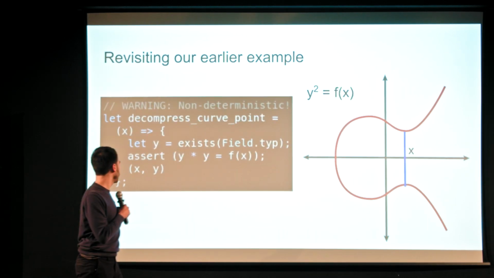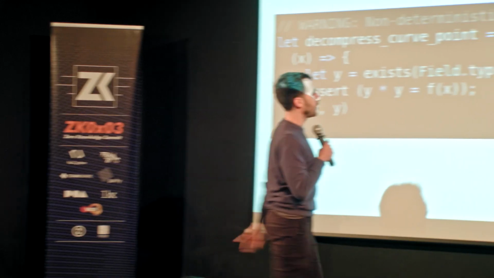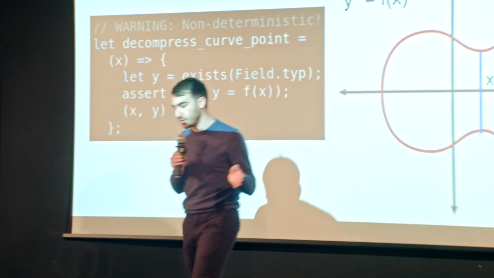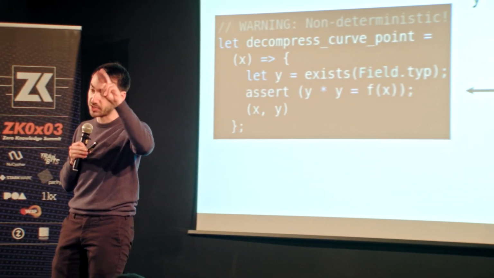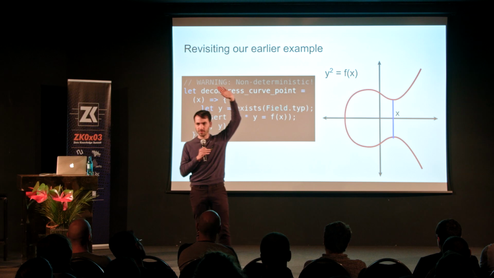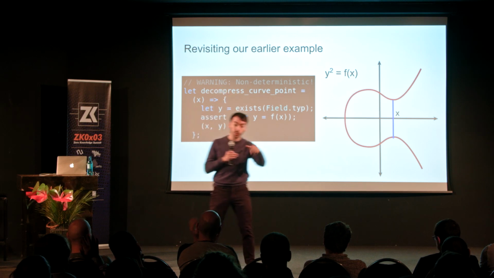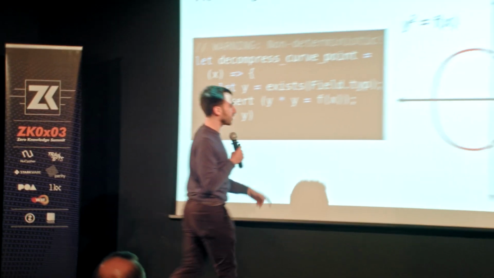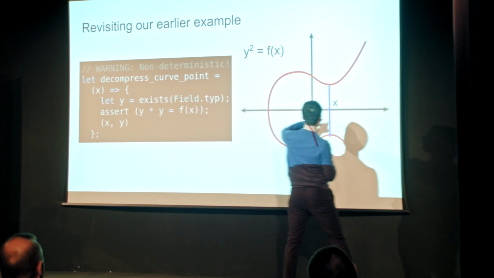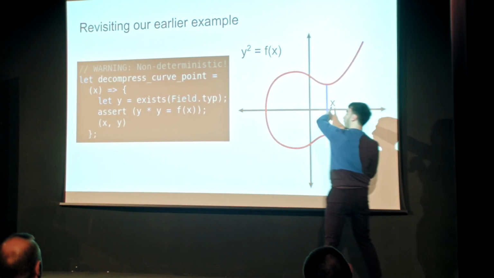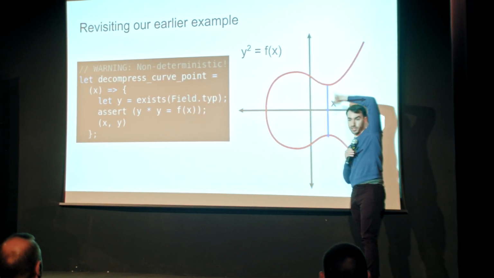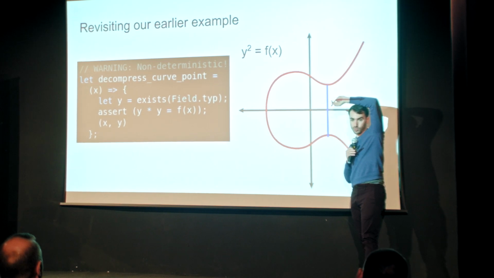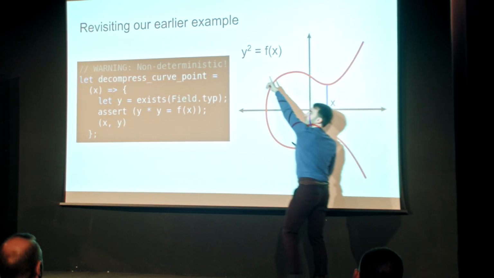So what if we wanted to start with an x-coordinate? Here's something you have to do in SNARKs sometimes. Sometimes you have to decompress a curve point. It means you start with the x-coordinate, and if you look on this picture of an elliptic curve, corresponding to every x-coordinate, there's exactly 2 points on the curve, because you can solve for y.